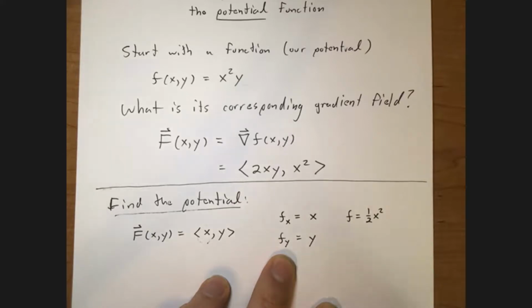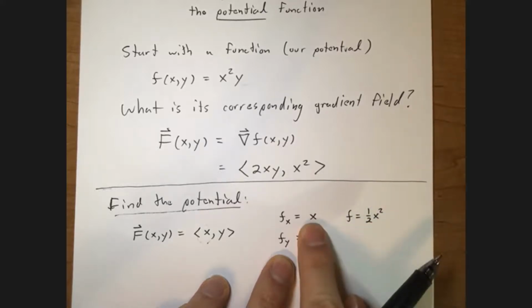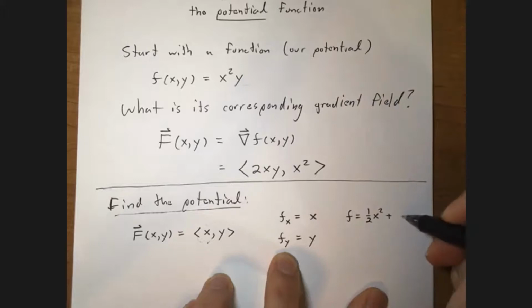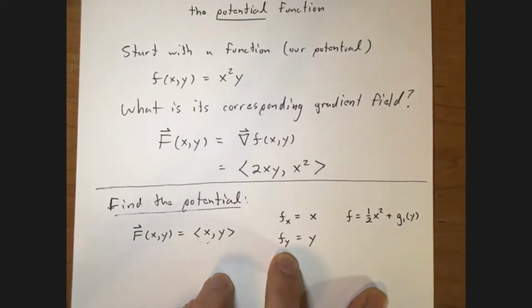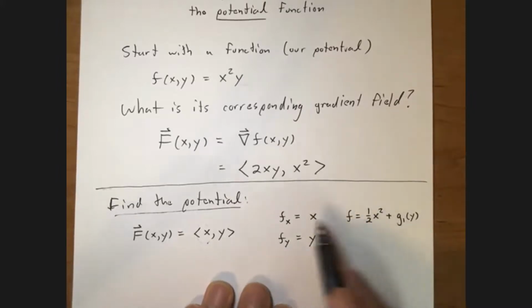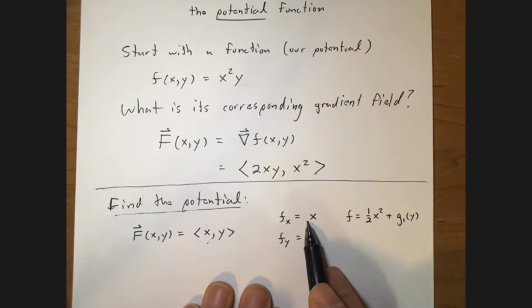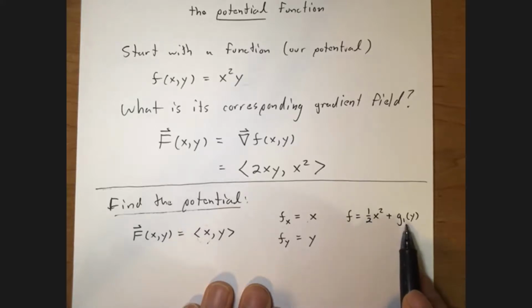You treat y as a constant when you take the x derivative. So anything that depends on y differentiates to 0, and that could be included here. If I differentiate it, it'll be 0 and I'll still get to this. So I can add to this any function of y, and I have to consider that possibility.